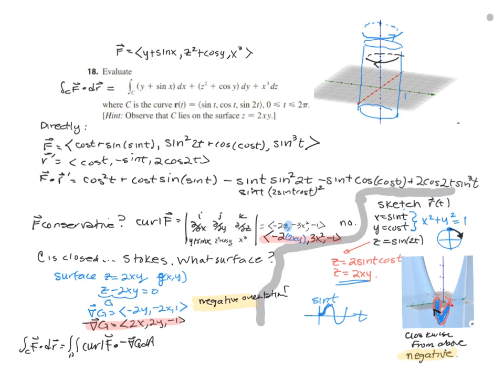So 2x times negative 4xy, that's negative 8x squared y. And then 3x squared times negative 3x squared is negative 9x to the fourth, plus 1.